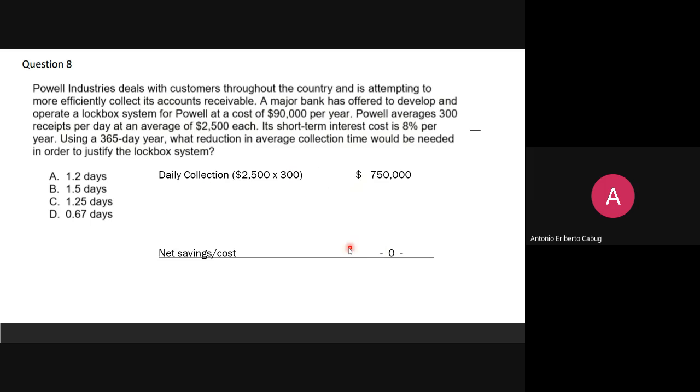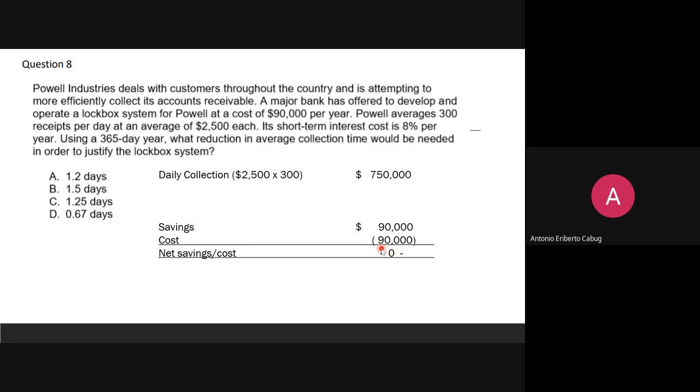We all know that in order to break even, we just have to avoid losses. Kahit wala nang kita, basta wala tayong lugi. No gain, no loss. Zero. The cost of the lockbox system is $90,000. So, magkano dapat yung savings? At least mabawi niya yung cost na $90,000.